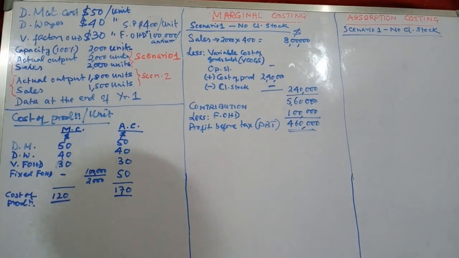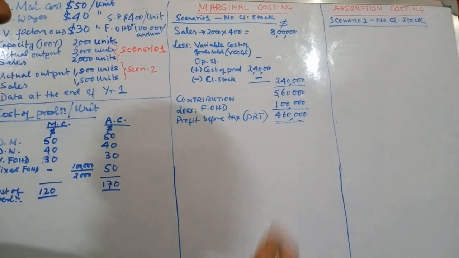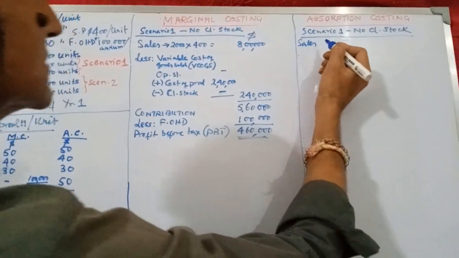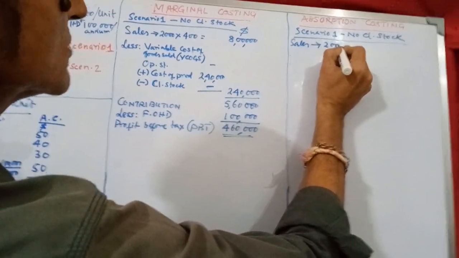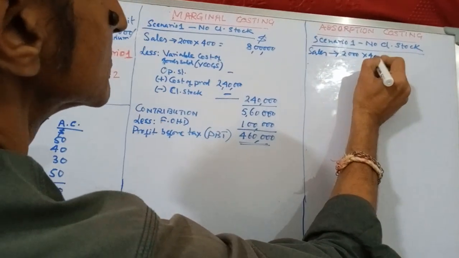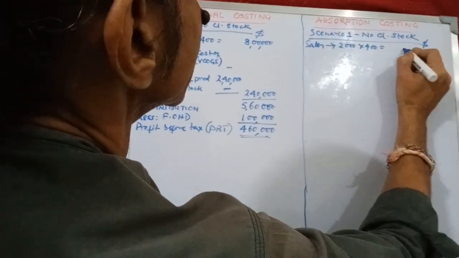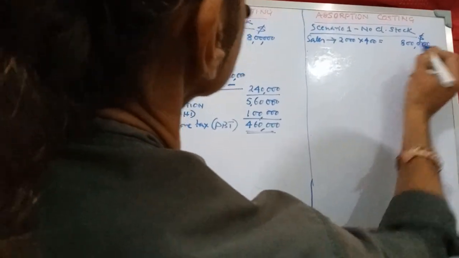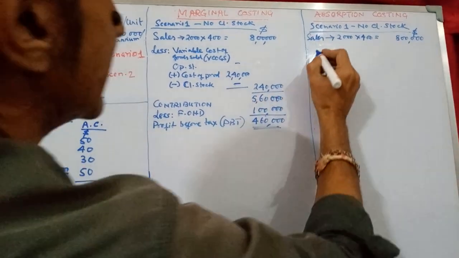Now let us see what is the profit under absorption costing. Sales remains same, that is 2000 into 400, that is 800,000 less.